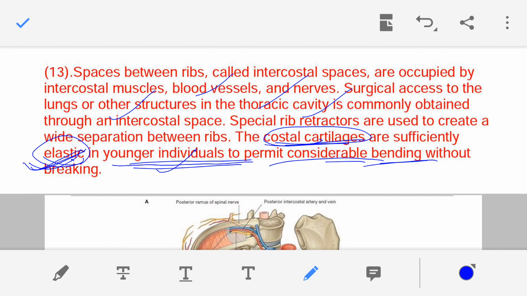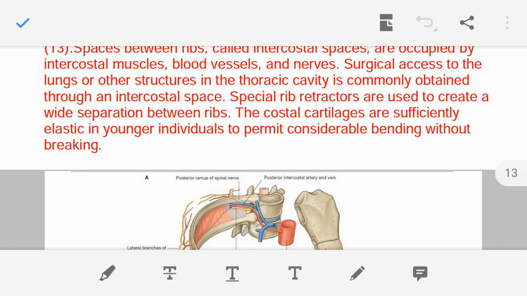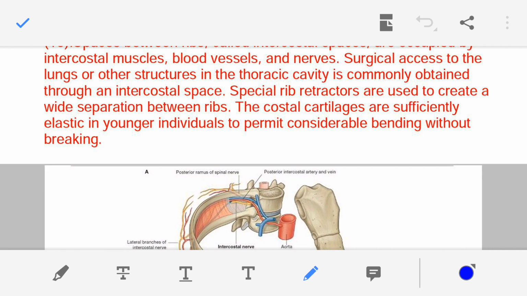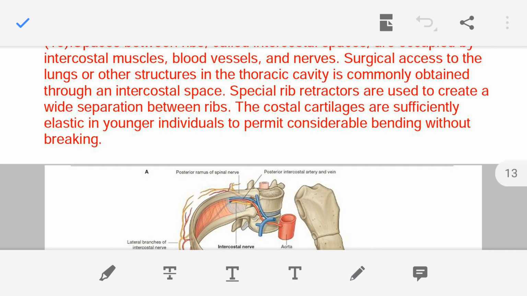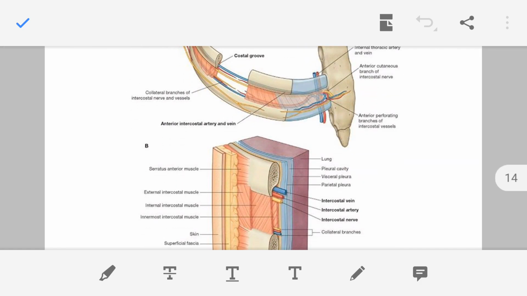So during childhood, we know many a times the child falls down. So to protect the ribs from getting fractured, these costal cartilages of small children are very elastic, to avoid the fracture of the rib. So that is the meaning of this point number 13.